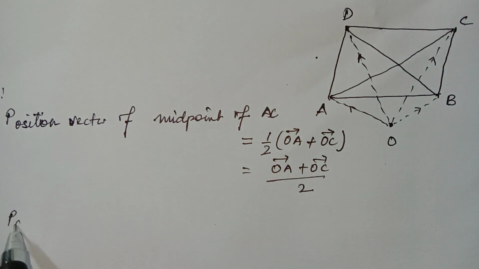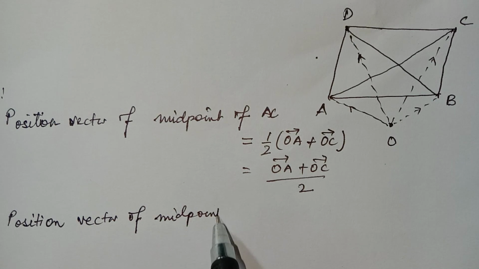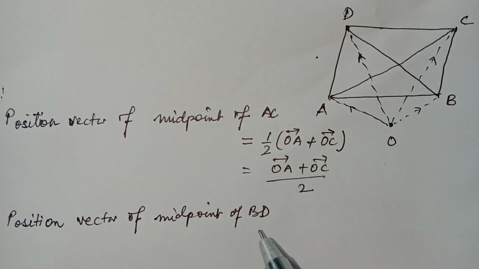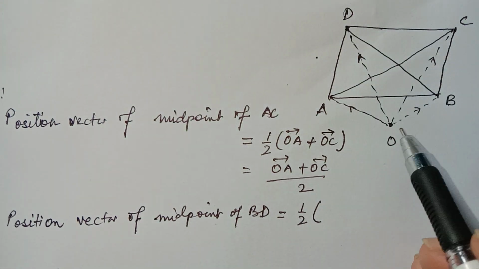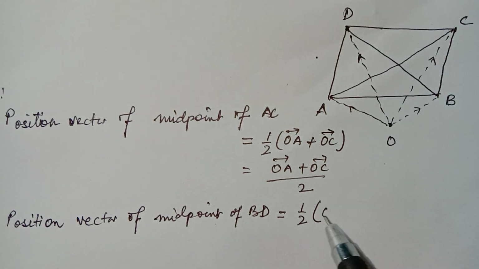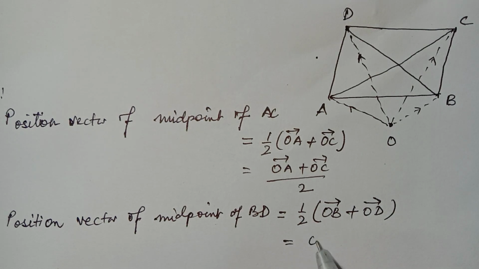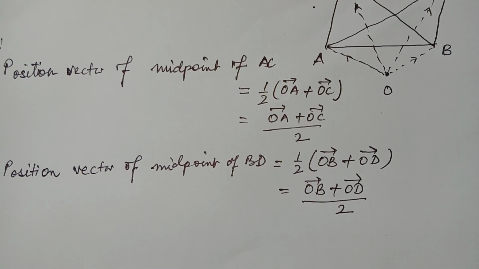Similarly, the position vector of the midpoint of the diagonal BD is half of vector OB plus vector OD, that is, (OB + OD) divided by 2. So these are the position vectors of the midpoints of AC and BD.